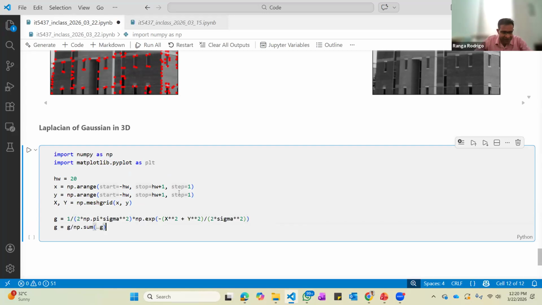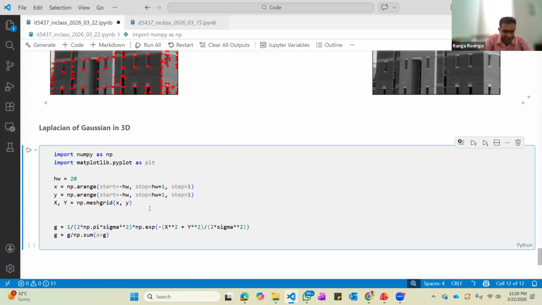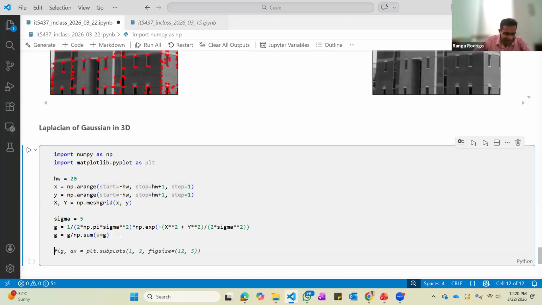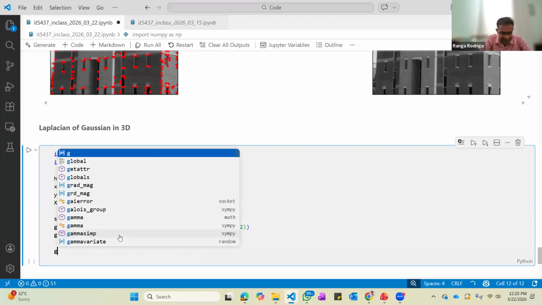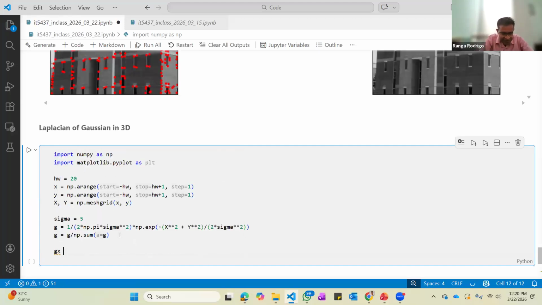This is correct. The sigma I have defined, let's say we'll define sigma like 5. Okay, that's g. Now I want to compute gx, the derivative in x direction.